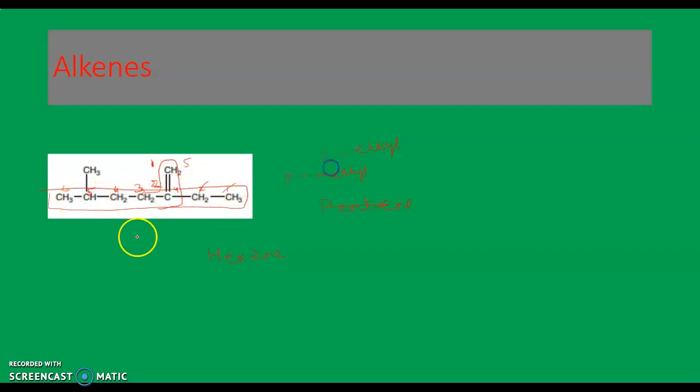So I've got 2-ethyl, 5-methyl, hex-1-ene. So the reason why we've named it like this is you need that carbon 1, 2, 3, 4, 5, 6. So at position 2, we've got that ethyl group.